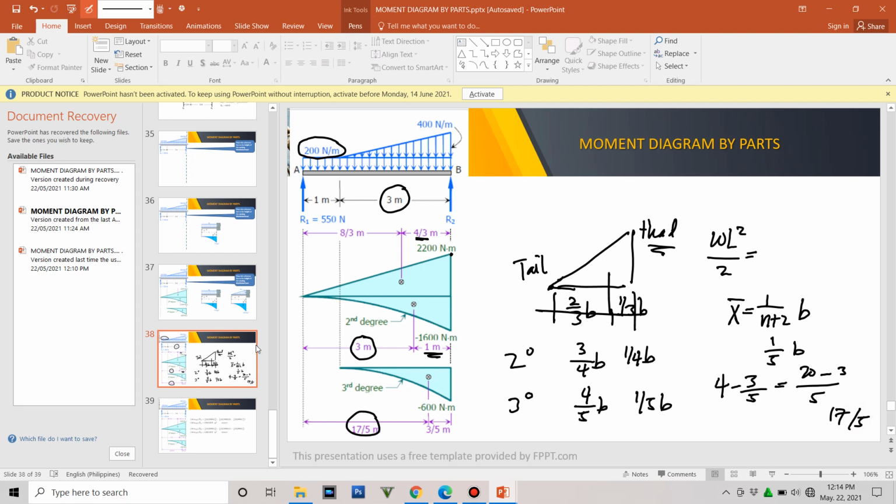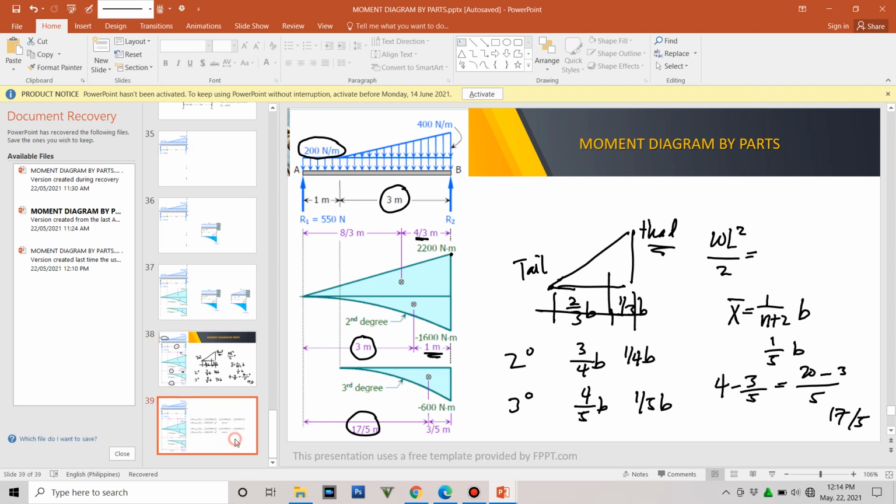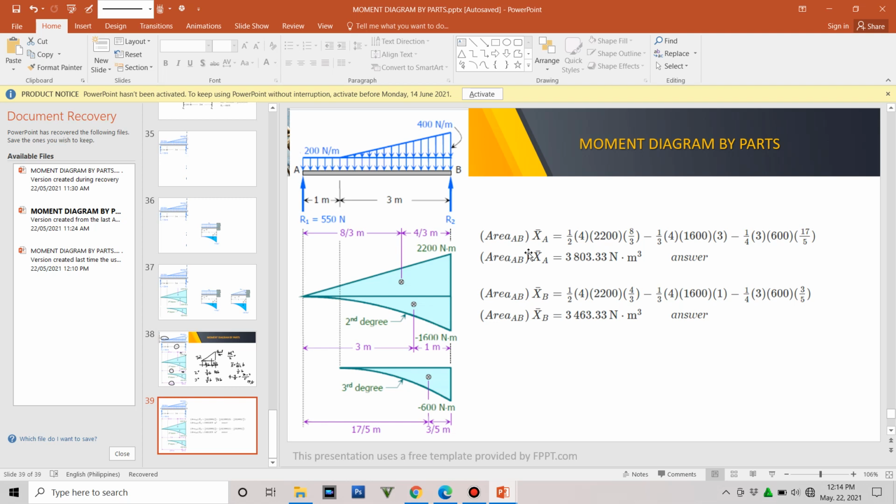So all of our distances and area are now established. We'll just compute for moment of area about A and moment of area about B. So first, for the triangle, 1/2 4 by 2,200. Ayan, nasulat niya dyan yung distance. 8/3 from A. And then this one, 1/3. Ito, spandrel, ano? Spandrel, kapag second degree, kasi pag first degree, triangle pa lang siya, kaya 1/2 base times height.